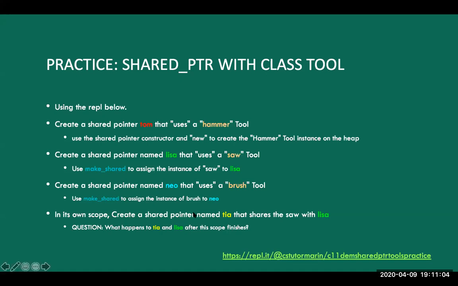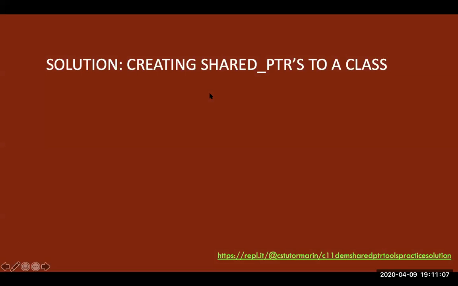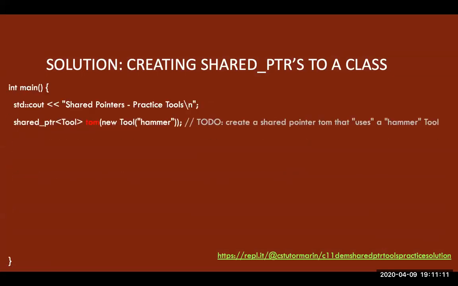Okay, why don't we take a look at the code there so we can kind of get you guys wrapped up. So here's our main, and we're going to go ahead and create a shared pointer Tom, managing a tool. And here we will not be using the make shared, right? So we're doing it the original way we learned. We're saying create a new instance right here of tool called hammer, pass the pointer in so Tom can manage that shared pointer, right?